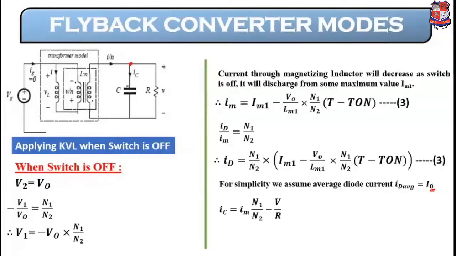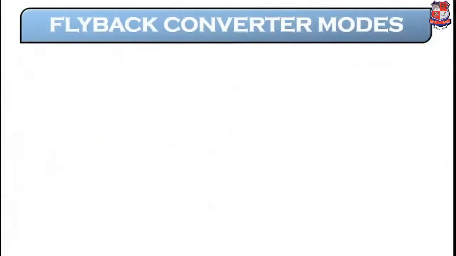IC is the leaving current, so it will be minus V by R plus the addition of Im by N. Here Im by N is the primary current which is reflected towards the secondary side, and that is nothing but the diode current. You can say that this is nothing but the diode current. Yes or no? Im into N1 by N2.